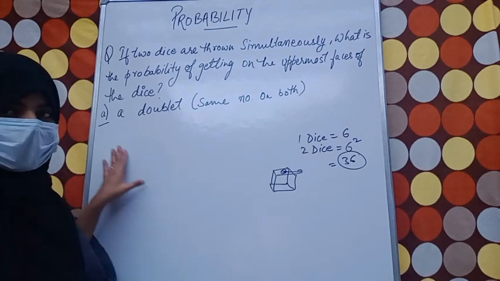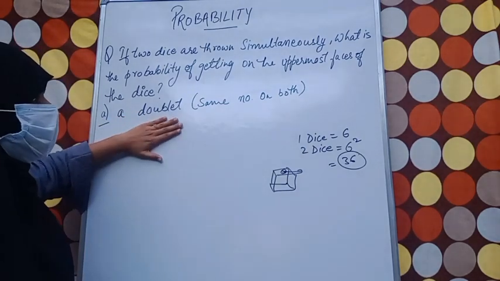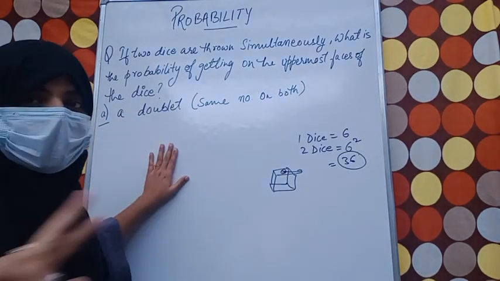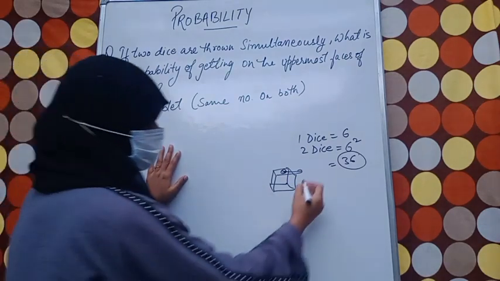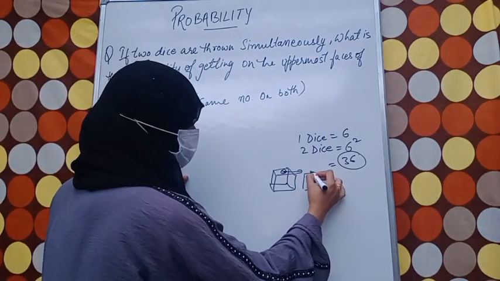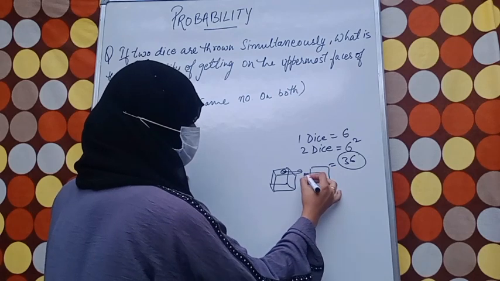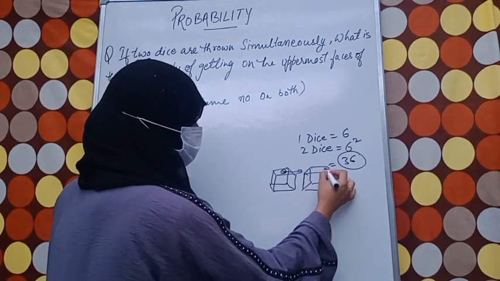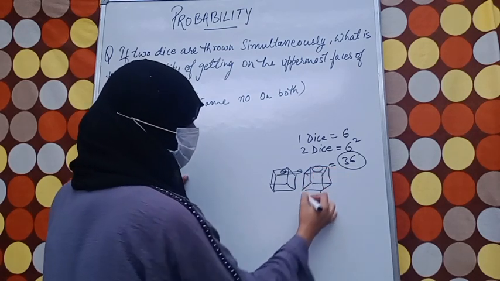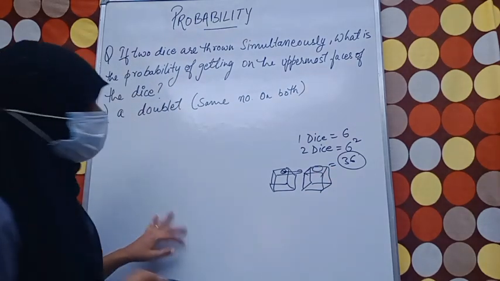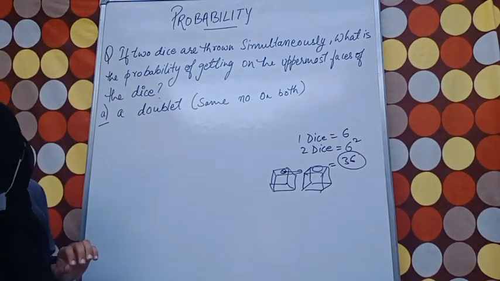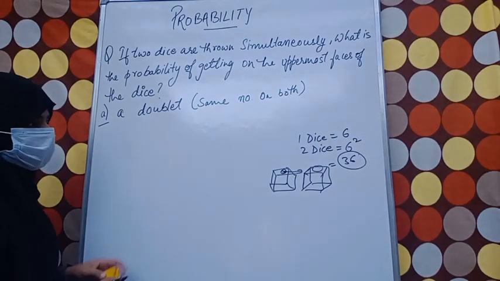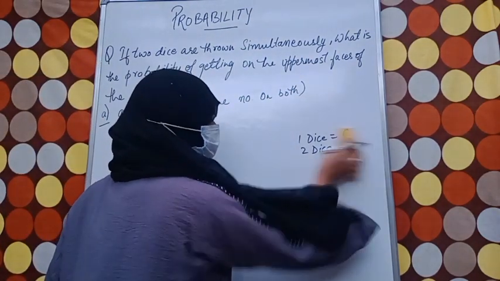The first part says a doublet, which means the same number on both the dice. Whatever the number is, the same number on the top. This is the rough working I told you. Now let's begin.